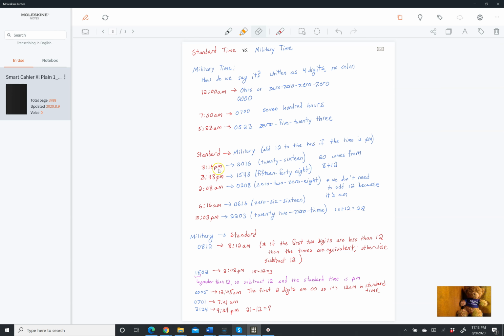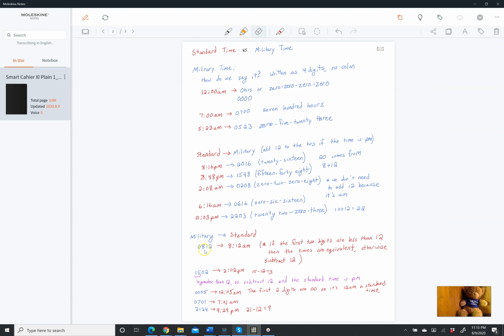In order to go from standard to military, if it's an AM, your standard and your military are equivalent. If it's a PM, you take your hours and you add 12 in order to get to military time. If you're going from military to standard, same thing. If your first 2 digits are less than 12 when you read them together, like 8, 0, 7, then your standard time is equivalent and it's going to be an AM time.